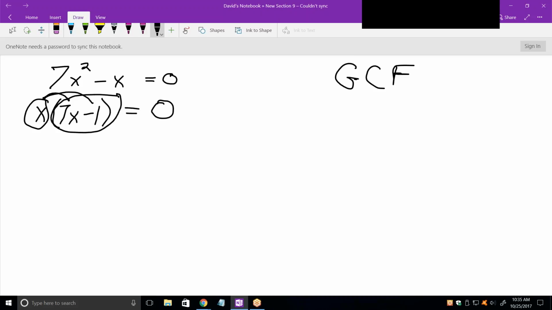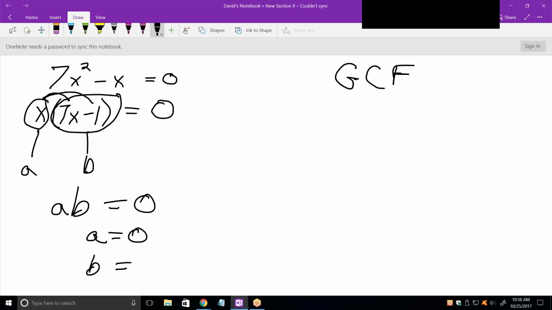Let's let that equal a and let that equal b, and we have a times b equals 0. That tells me a equals 0 or b equals 0. So you don't plug in 0 for x. What you do is you set each factor equal to 0 and solve for x.